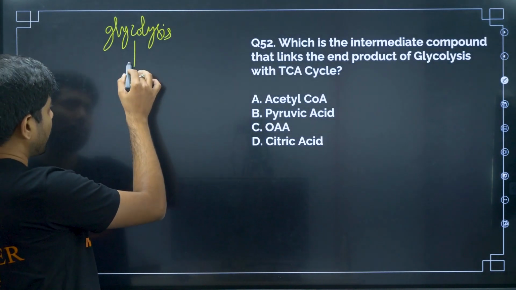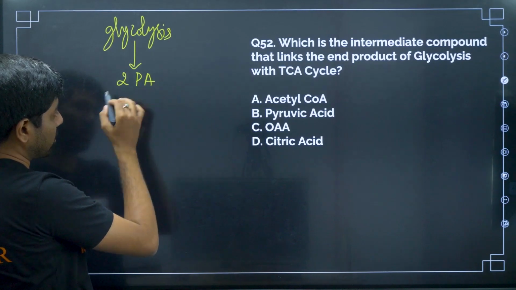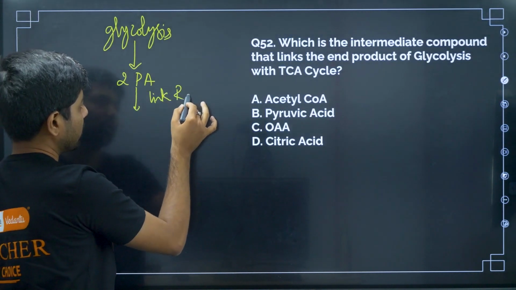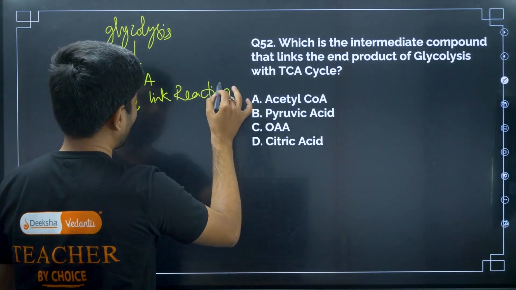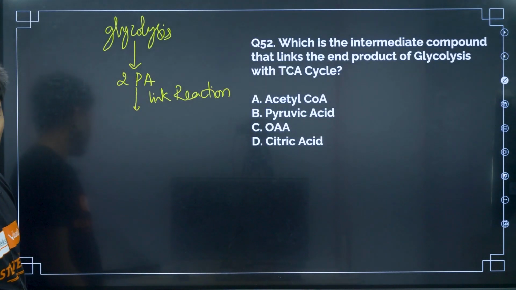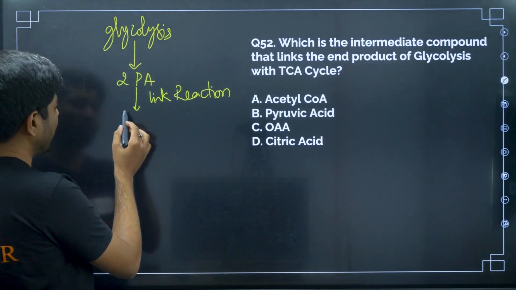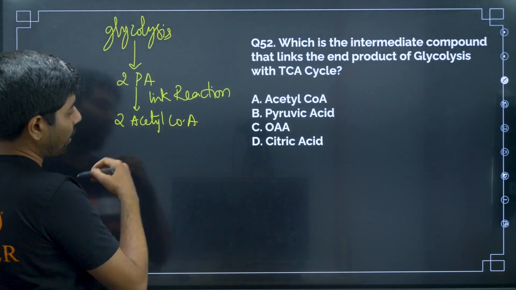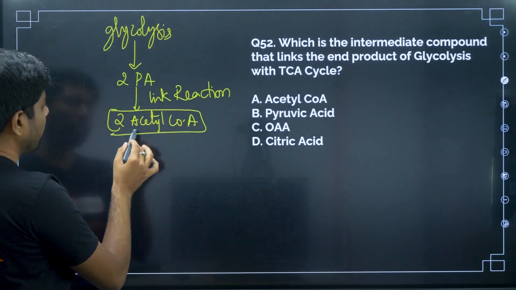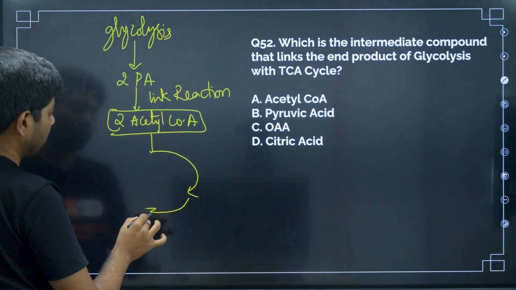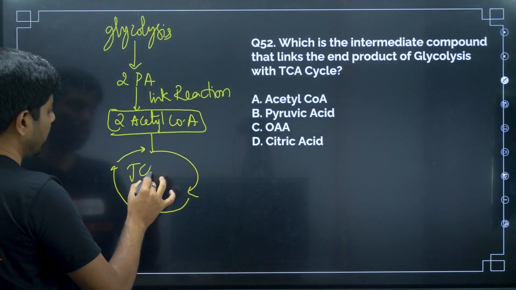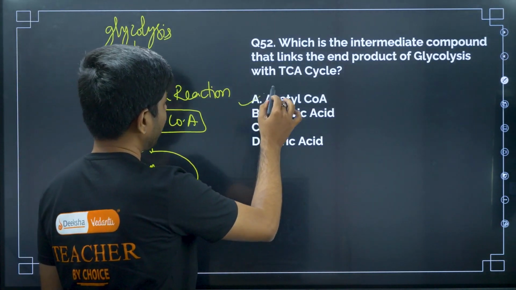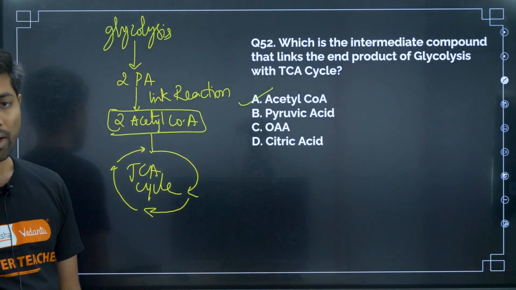Now, this pyruvic acid, by link reaction, with the help of the enzyme pyruvic acid dehydrogenase, will get converted into two molecules of acetyl CoA. Acetyl CoA, this is the intermediate. Now this intermediate will enter the TCA cycle. Therefore, the intermediate is acetyl CoA.